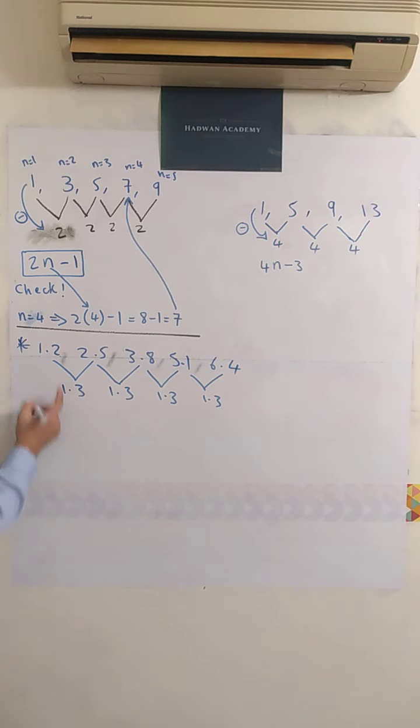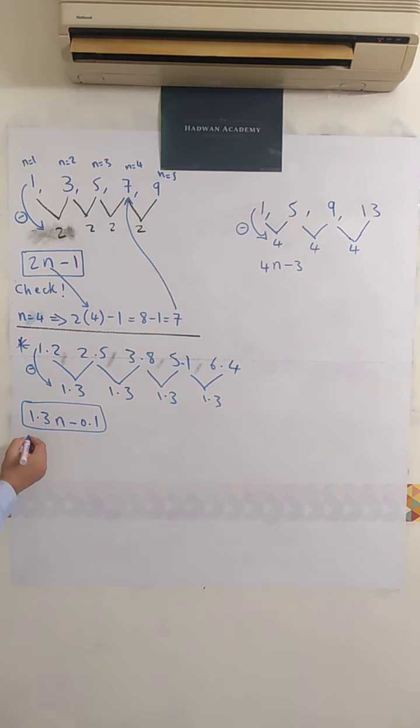So I have 1.3, and now 1.2 minus 1.3, I got minus 0.1. So the nth term for this sequence is 1.3n minus 0.1.